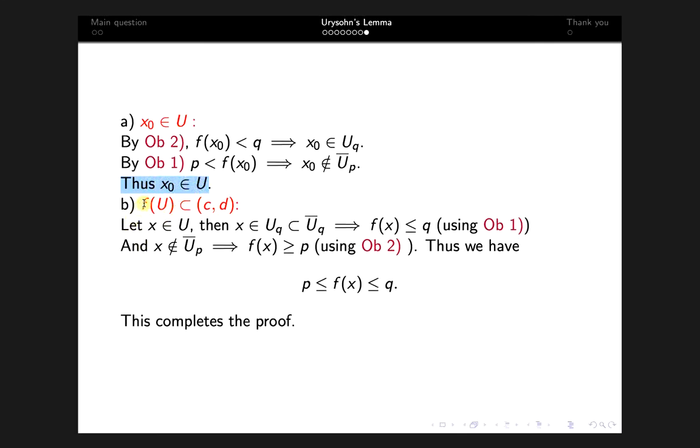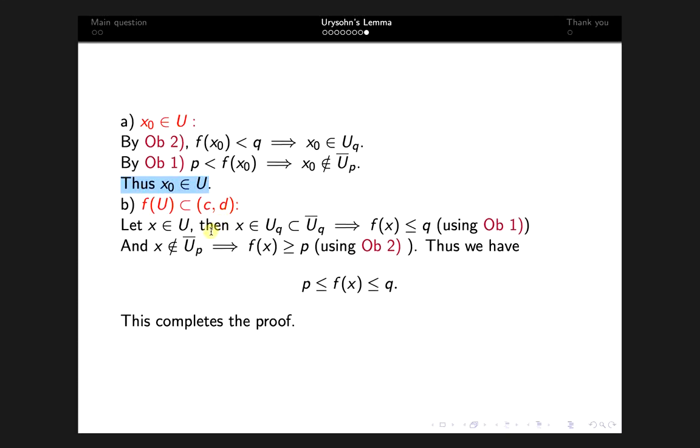Now this is the last thing we have to show: f of U is contained in the open interval (C, D). Now let x be an arbitrary element in the set U. So we have to show that f of x belongs to the open interval (C, D).